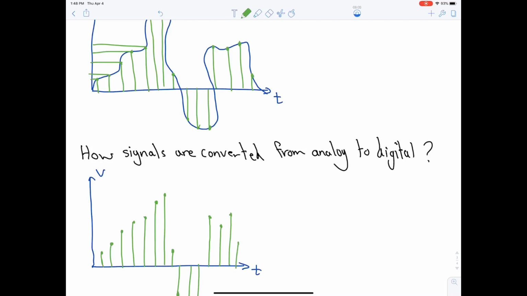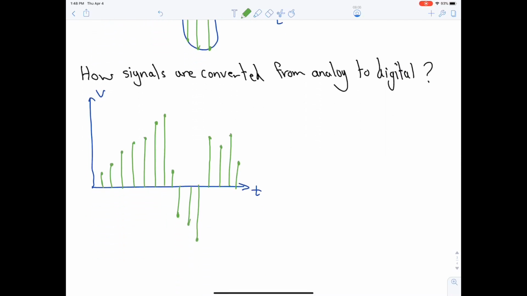So this is a discrete time signal. Now it's still not digital.